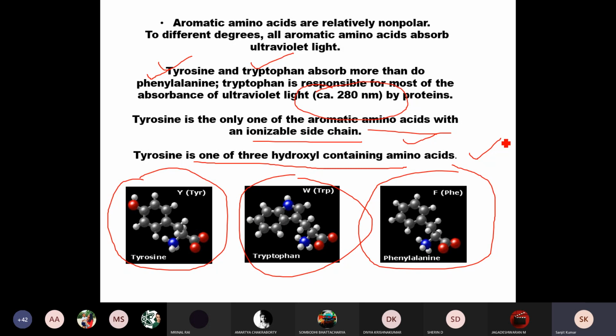There are some proteins lacking tyrosine or tryptophan, but most proteins, about 90%, have these three amino acids.